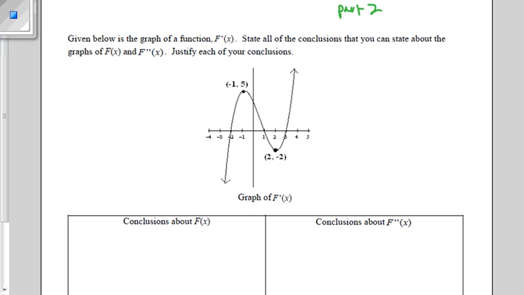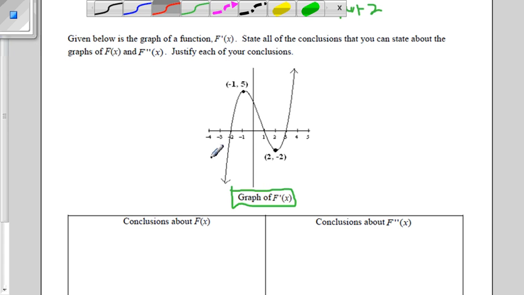And again, hopefully you can start compiling your list in your head and see how many you get. We're going to end up with 8 conclusions about the original function and 4 conclusions about the second derivative. So let's first make a sign change chart.